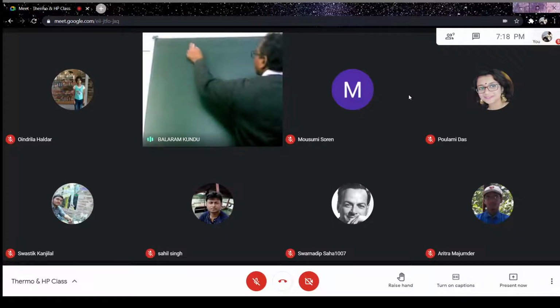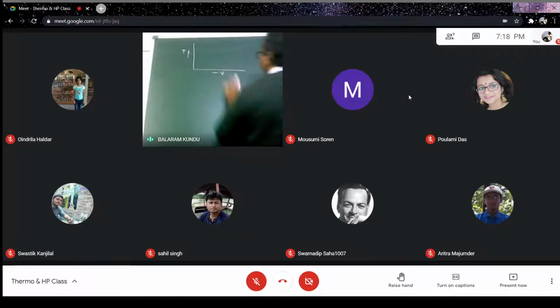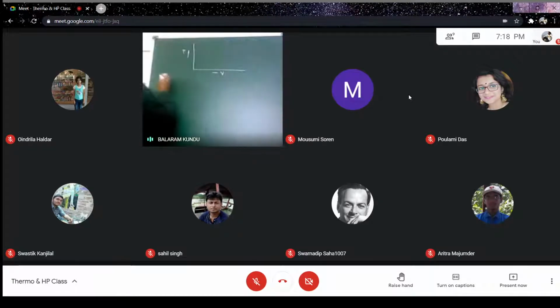And here you can just consider this PV diagram for this. You mention here that is your Carnot cycle. So all processes are reversible. Carnot cycle.